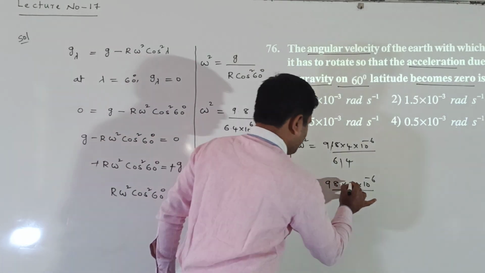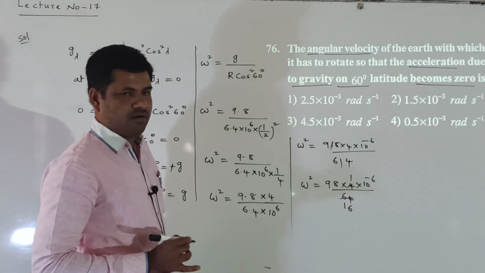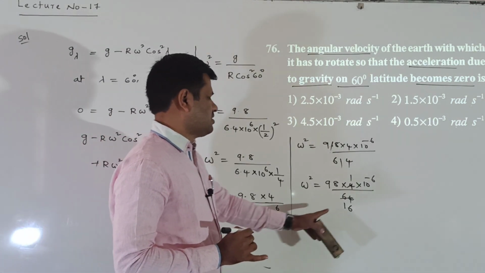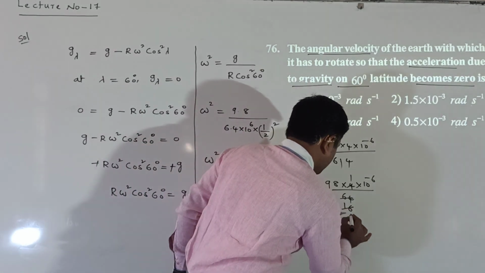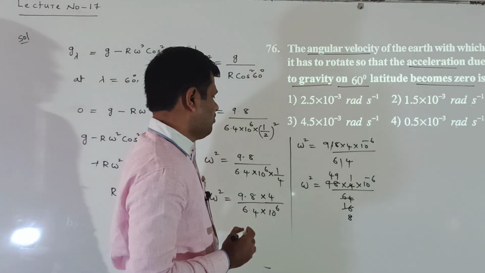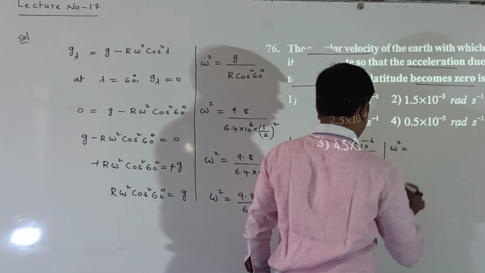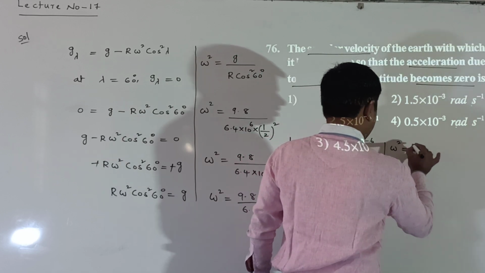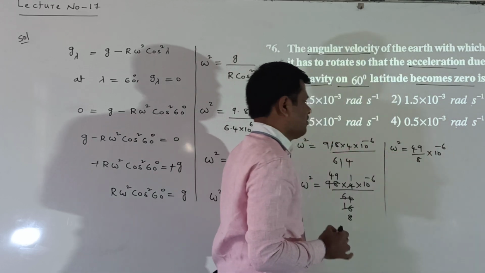Now 4 sixes are 24, and 2 eights are 16, leaving 49. So omega square is equal to 49 by 8 into 10 power of minus 6.